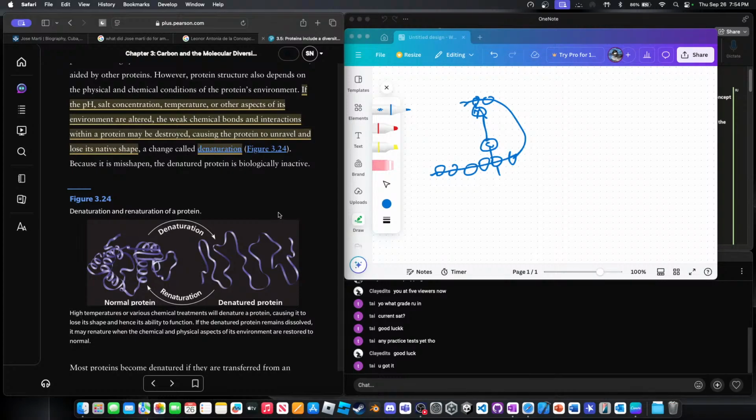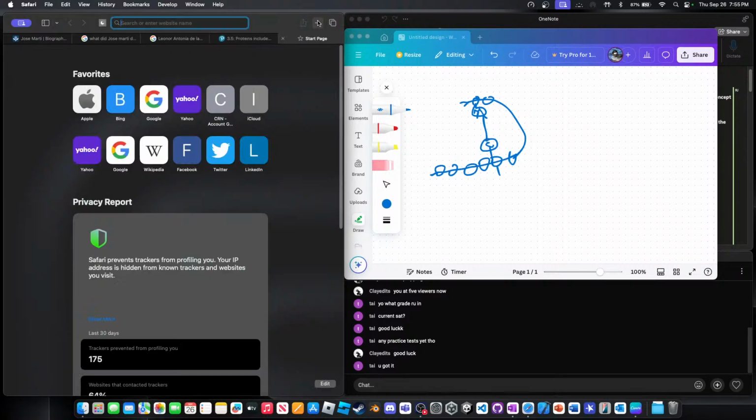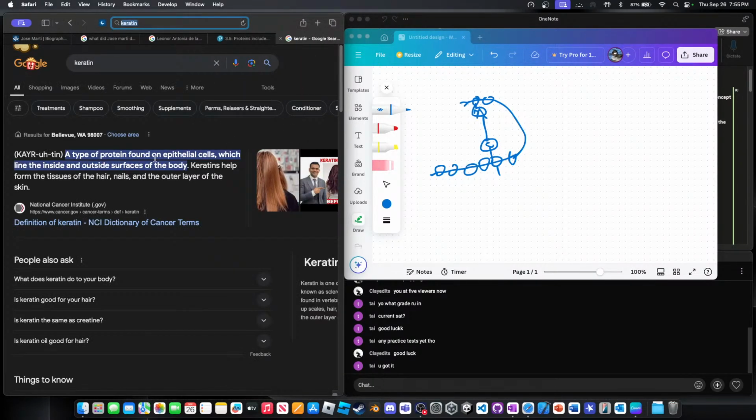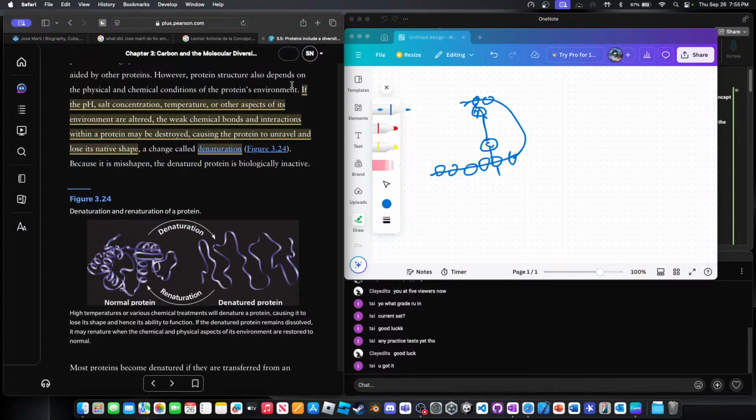If you guys were wondering what denaturation actually looks like, it's probably a girl's thing, but you've seen hair irons, you can see people curl their hair. There are proteins in hair, I'm pretty sure it's called keratin. Let me just fact check myself. Keratin is a protein? Yes. So it's actually a protein, right?